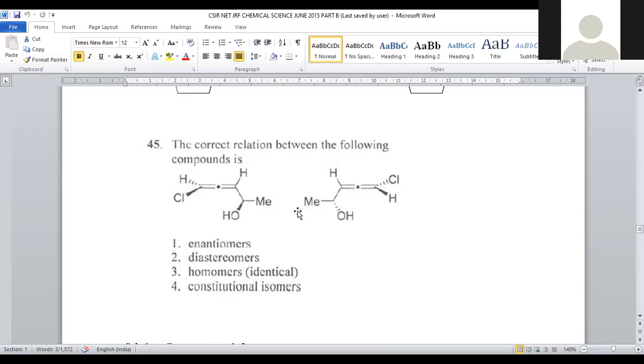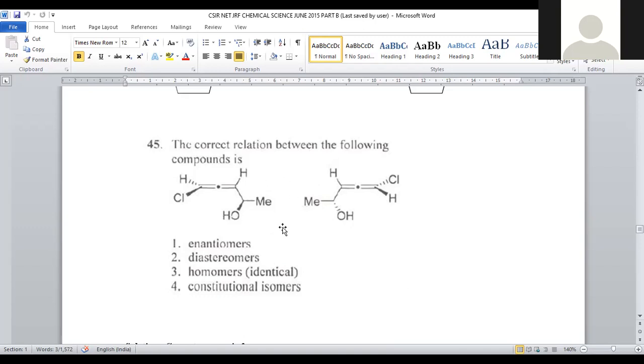We are flipping the molecule, so that the groups on the right-hand side will move left and the left side will move right, and this is the orientation. It means after 180 degree rotation we get an identical compound, so we can simply say both are homomers. If there is no change in orientation, it is said to be a homomeric pair.